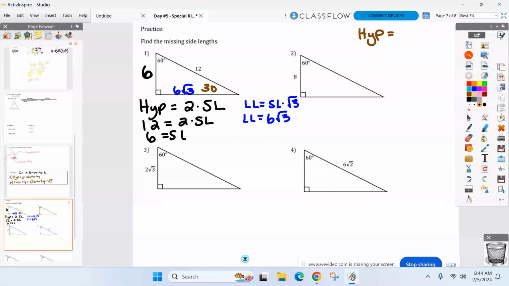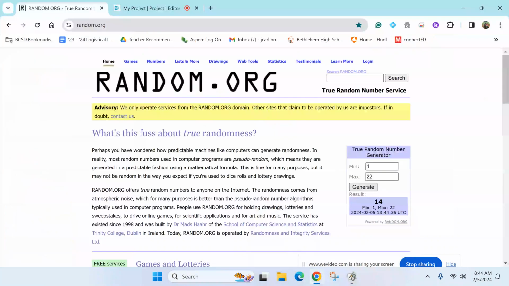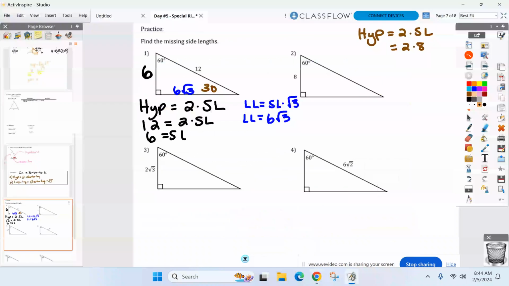The rule is 2 times shorter leg. Substitute in that shorter leg. And then how long is the hypotenuse? Stephanie? 16, yep. I got 16, good. All right, now find your longer leg.